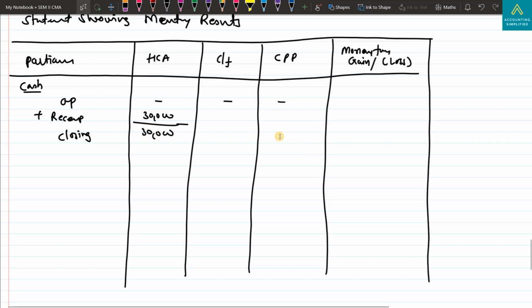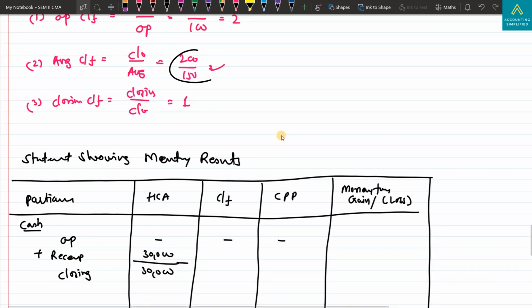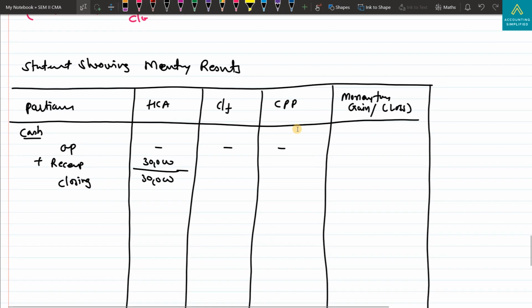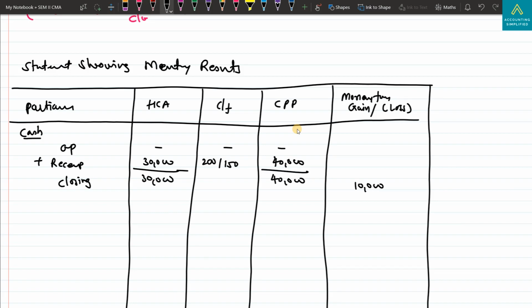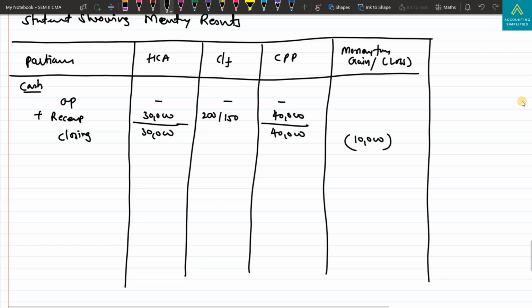Receipt during the year, for which we are going to use average. So 200 divided by 150, so it comes 40,000. Now this is 40,000 and difference is 10,000. 10,000 is loss because our cash has remained, meaning whatever cash we hold will be a loss.